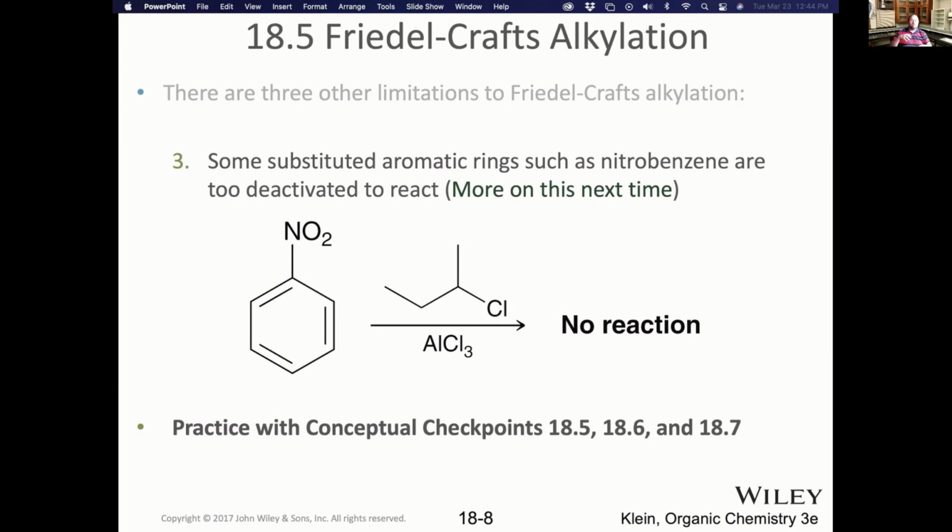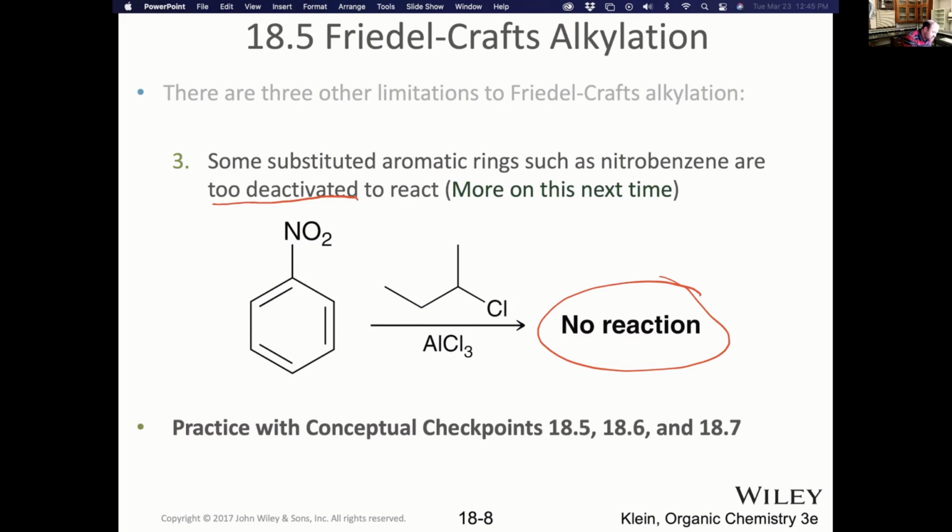Specifically, deactivated more than bromo or monohalogenated benzene rings. We're going to find halogens are mild deactivating groups, but anything stronger than that, or if there are multiple deactivating groups attached, the benzene ring will no longer react in a Friedel-Crafts alkylation and also acylation, as we'll find. So, in other words, if it's too deactivated, no reaction. What's too deactivated?